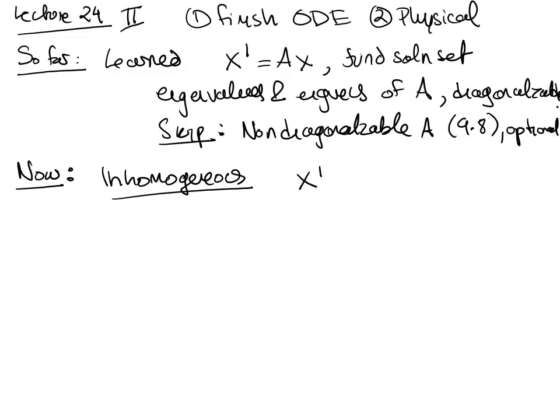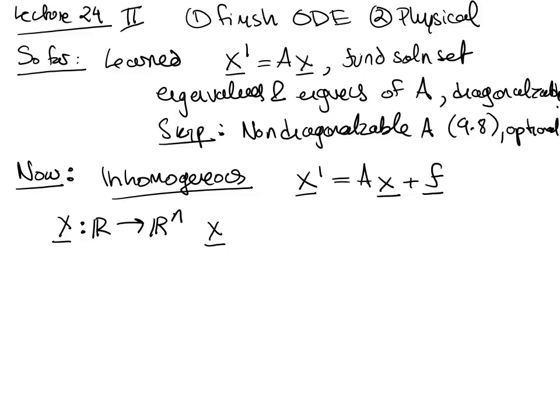x prime equals Ax plus f, where f is now, so remember, what are the types of these objects? Well, these are vector valued functions. So remember that this x is a function from R to R^n. You can think of that as a function where x of t is a vector whose entries are univariate functions.